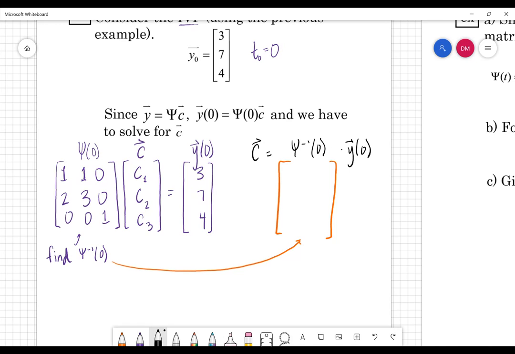So I went and found the inverse. I got this. And then we know C is just going to be that C1, C2, C3. So we'll bring that over.